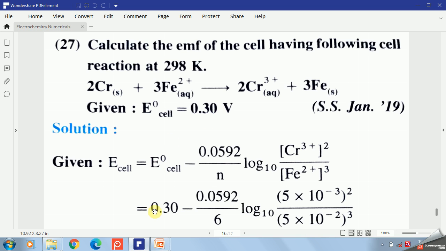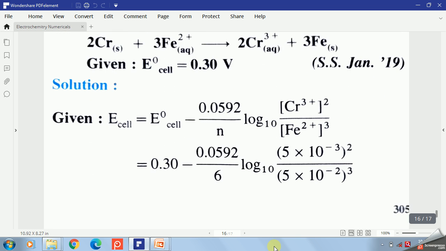E0 cell is 0.30. Substitute these values in this formula. What do we get? 0.30 minus 0.0592 divided by 6 log of concentration of Cr3+, which is 5 into 10 raised to minus 3, raised to 2, divided by concentration of Fe2+, which is 5 into 10 raised to minus 2, raised to 3.